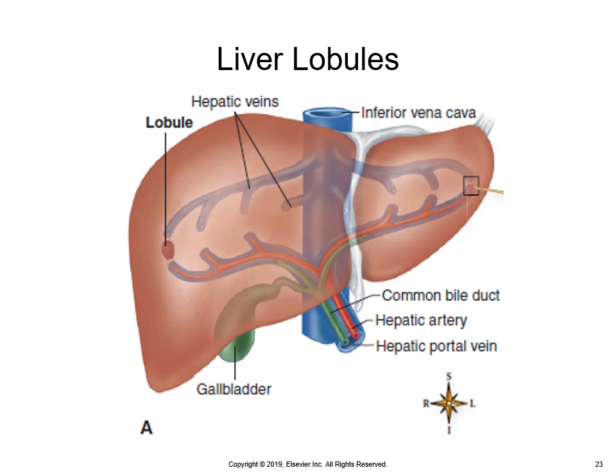In terms of the hepatic circulatory system, in blue, we have the hepatic portal vein. And this basically carries nutrient-rich blood from the digestive organs to the liver for processing. We have the hepatic artery, which is in red, and it supplies oxygenated blood to the liver from the aorta.